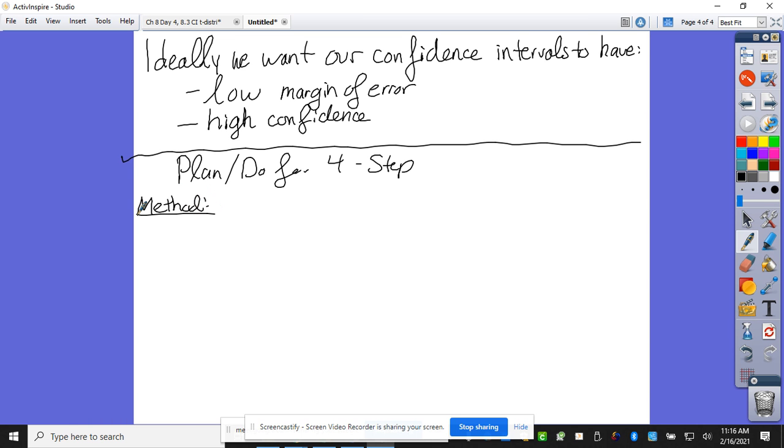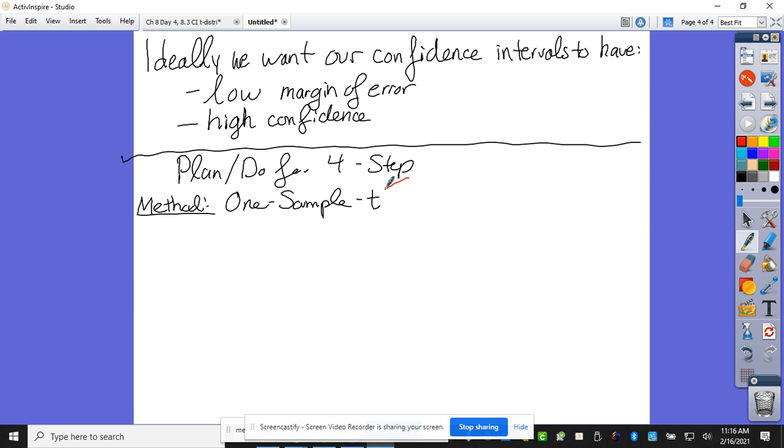What is my method going to say for a problem with a t-interval that we are currently doing? My first decision is if it's what? 1 or 2. Well, we're still doing 1. It is a sample. What's my next decision? Z or T. So right now it's going to be a T.